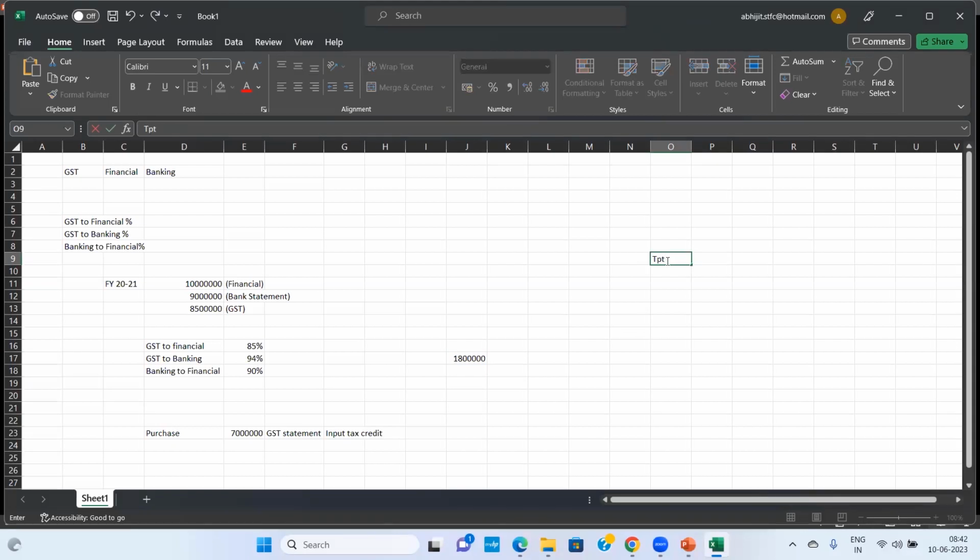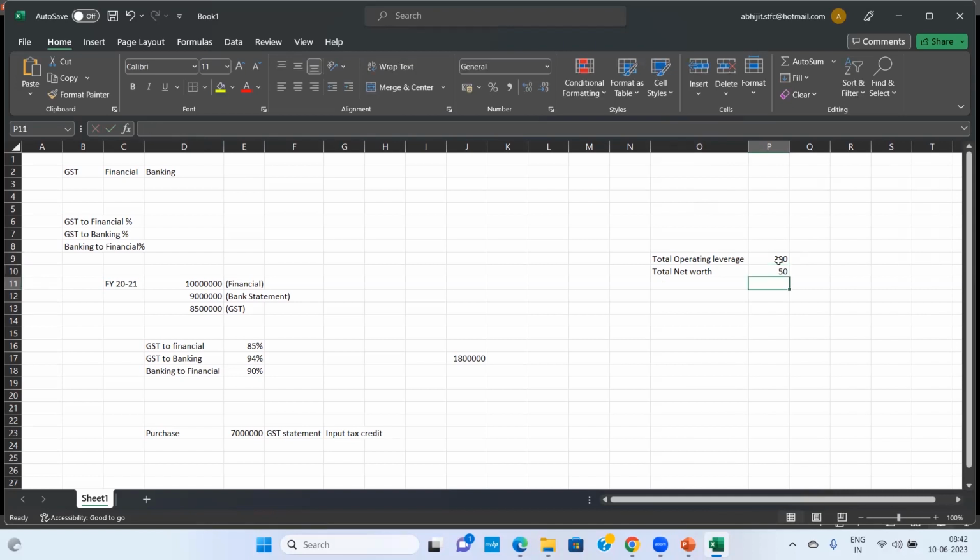So total operating leverage and total net worth. Right? Say this is 200 and this is 50. Then TOL by TNW is 4.